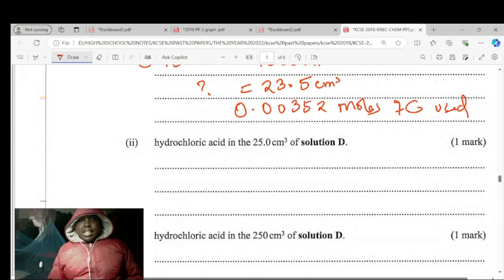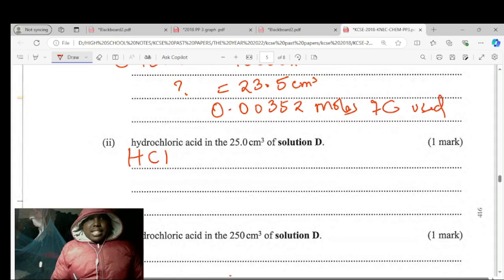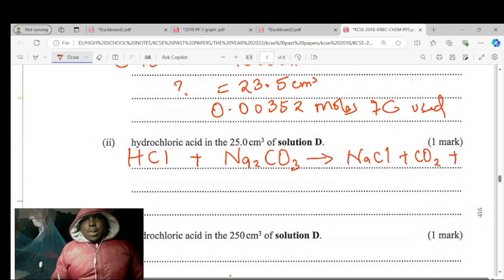So let us write the balanced equation: HCl reacting with sodium carbonate, which is going to form the salt sodium chloride plus CO2 plus water. So that is the equation.